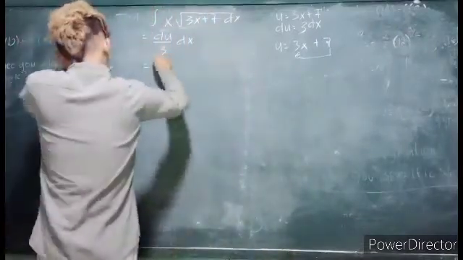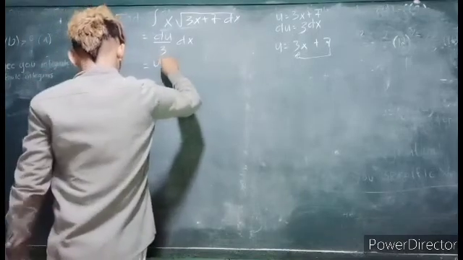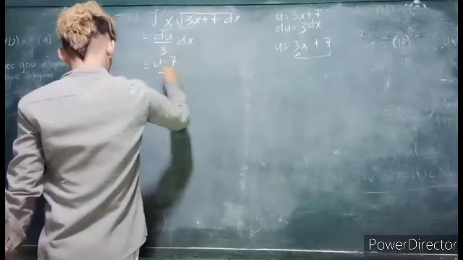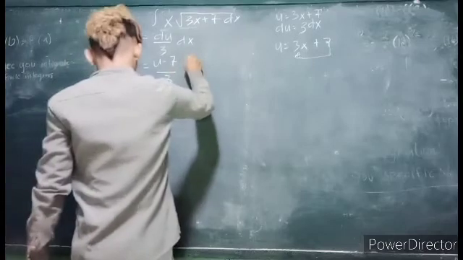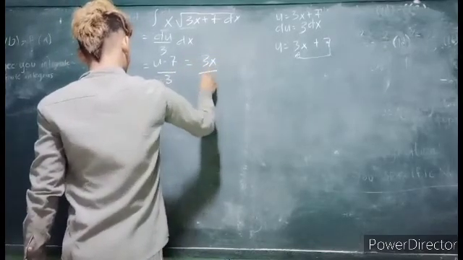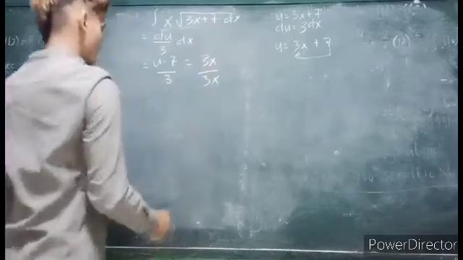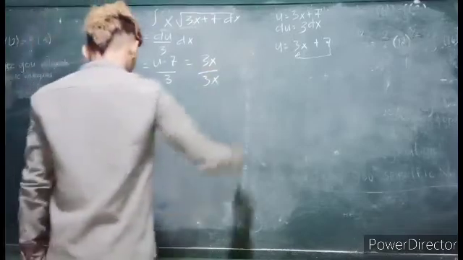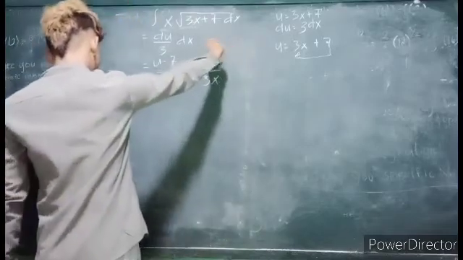So u minus 7 over 3 equals 3x over 3. So we need to cancel the 3x.